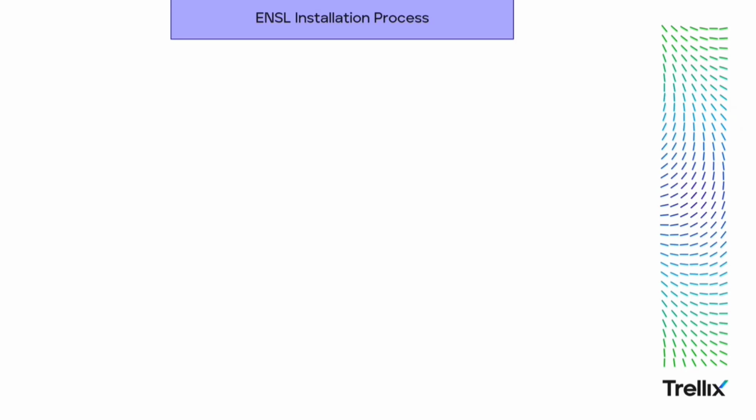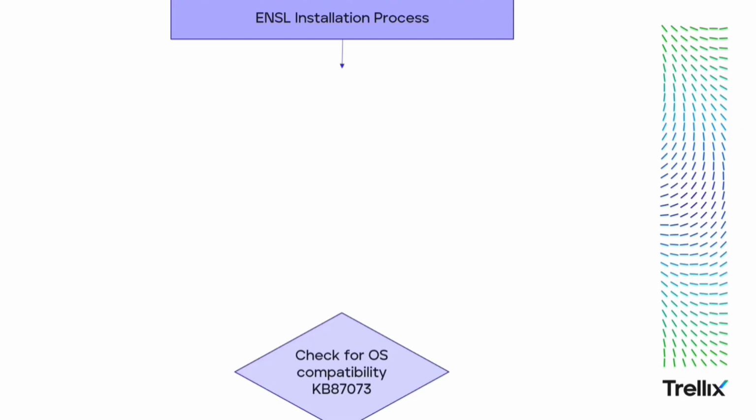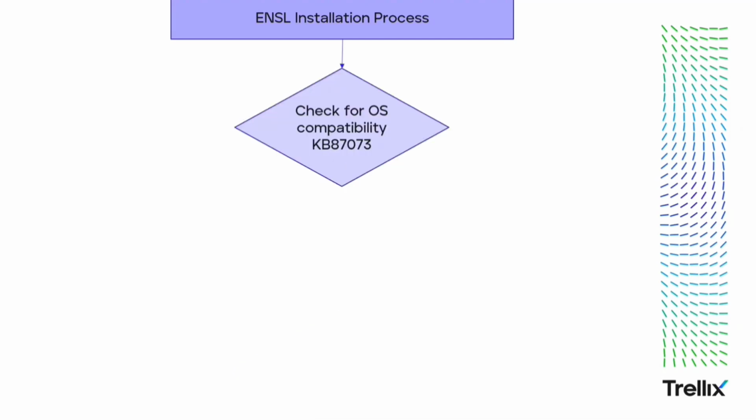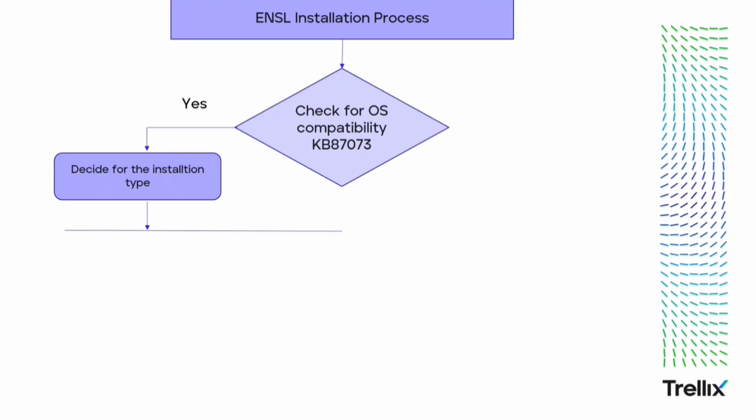Before we plan on installing the product, there has to be certain prerequisite checks. The first is to check the OS compatibility, which can be seen in KBA 87073. If the product is compatible with the OS, we can decide on the installation type. As we are all aware, we have two methods of installation.